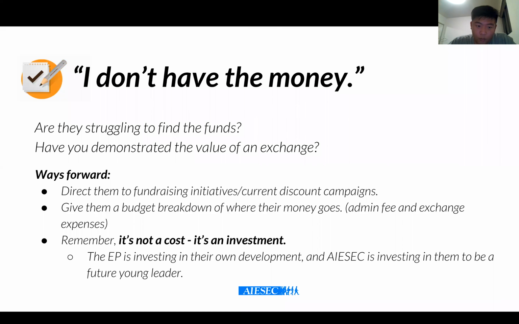It's just about whether or not we, as Isaac, have demonstrated the value of an exchange. Have we demonstrated to the EP what we do in Isaac? What we're trying to sell them is value for their money.